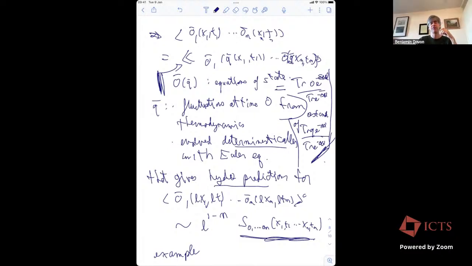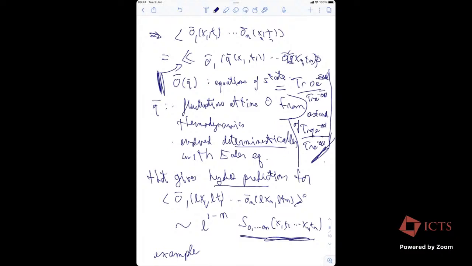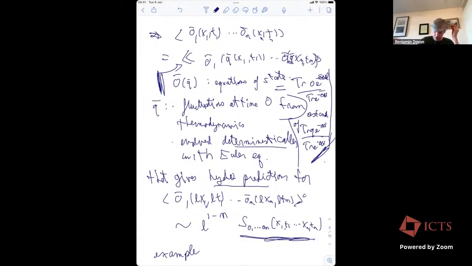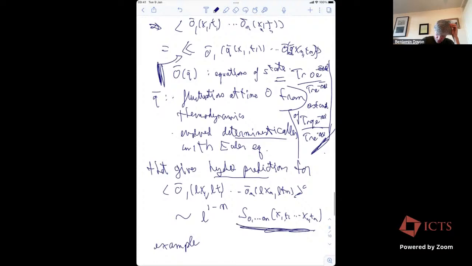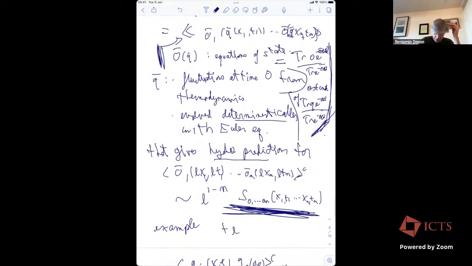But if you want to go beyond, then you have to take care of the other corrections. So for all n-point functions, if you want the leading large L amplitude, then you can take them as if they were thermalizing, but they thermalize to something that fluctuates. Same thing if you want to go beyond, if you want L to the minus n delta S, that delta S, then you need to modify that.